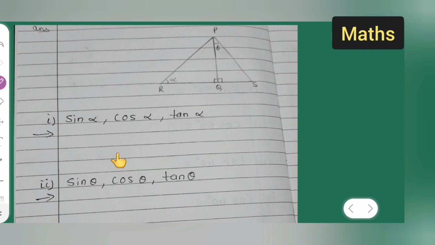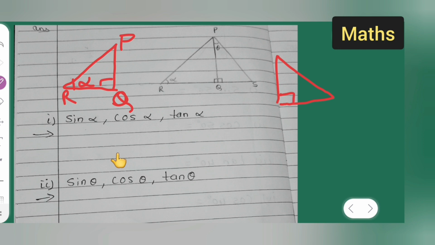Now this will be your alpha, this is your P, this is your R, and this will be your Q, and the other side, which is your QS, and this is your P, which is nothing but theta, right?